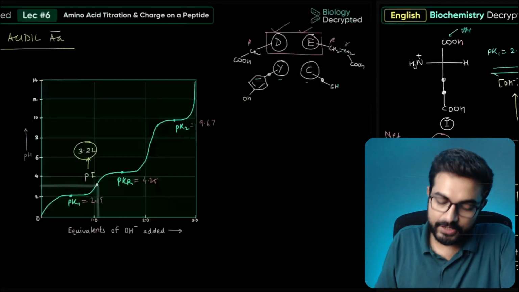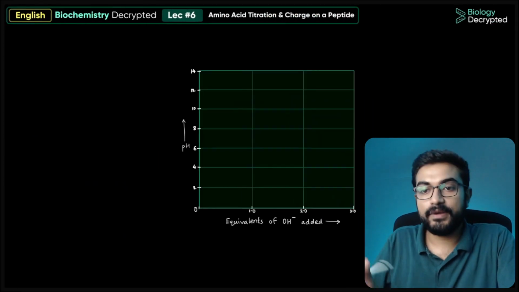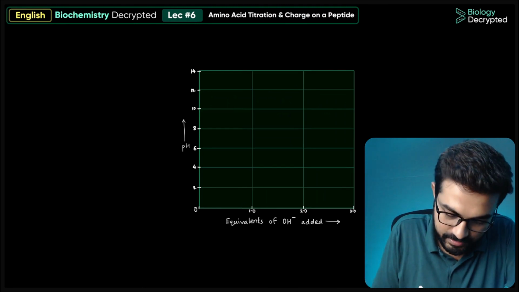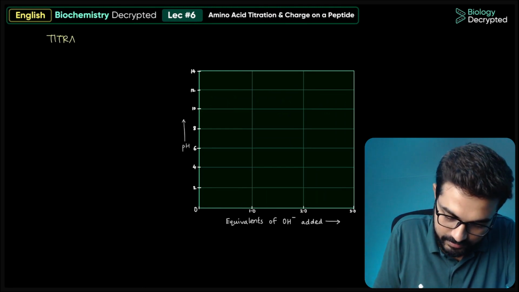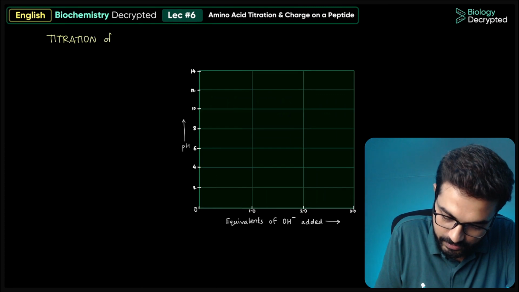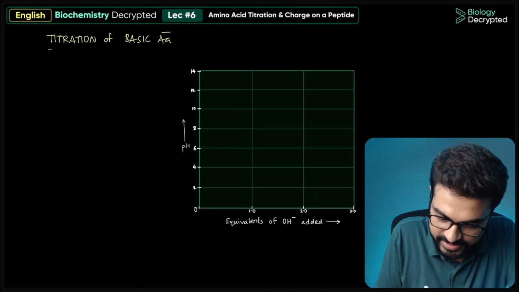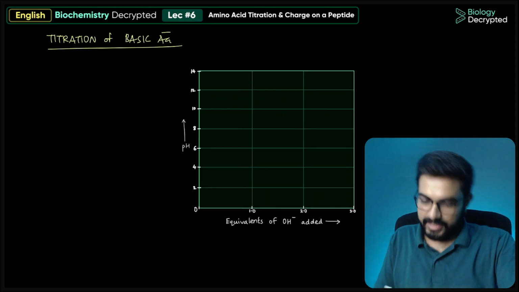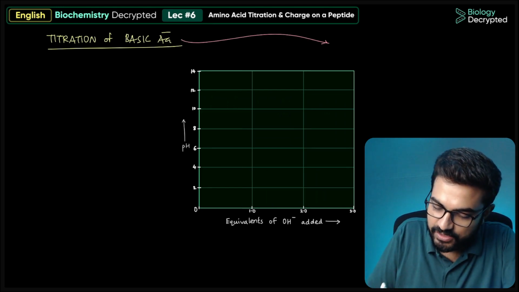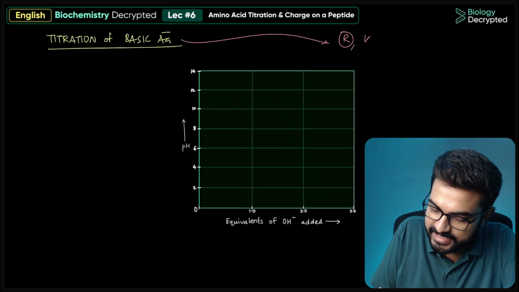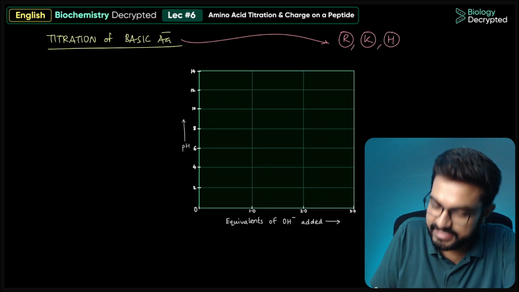Now let's finally talk about the titration of basic amino acids. Which are the basic amino acids? You know it very well: arginine, lysine, and histidine.